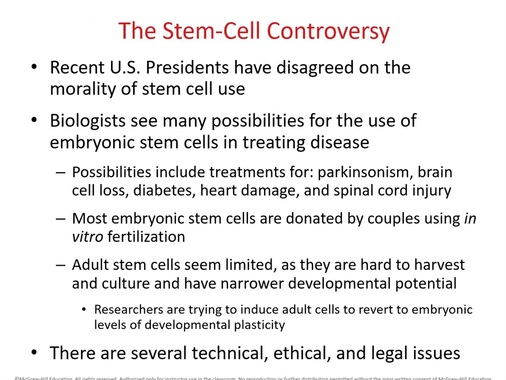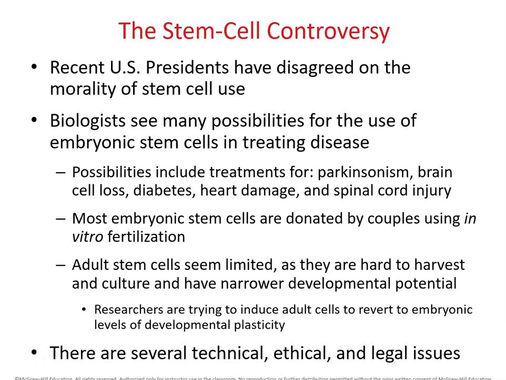So now we're going to go just a little bit deeper into stem cell controversy. We have politicians who disagree with or agree with using embryonic stem cells. We have religions that weigh in on the use of embryonic stem cells.